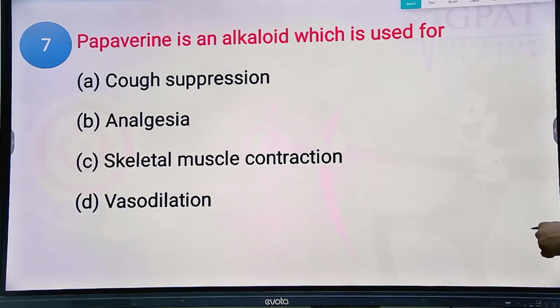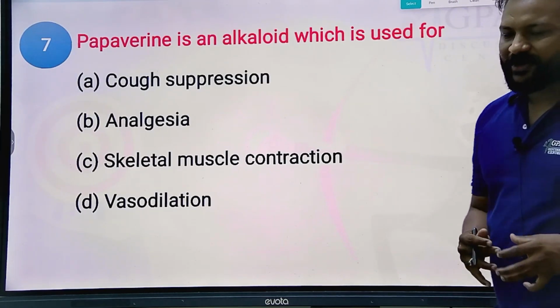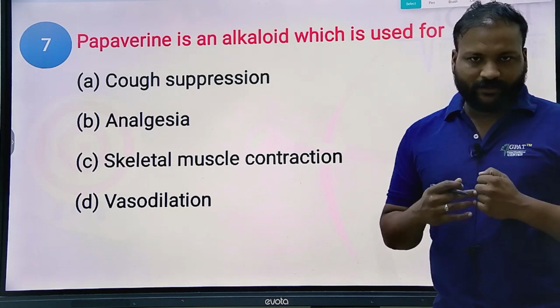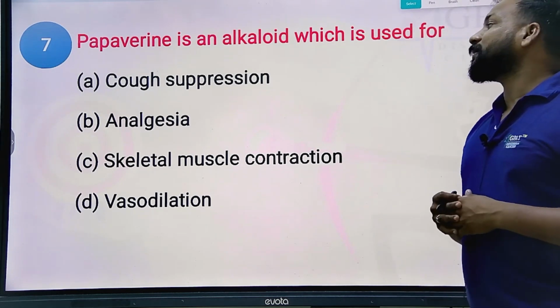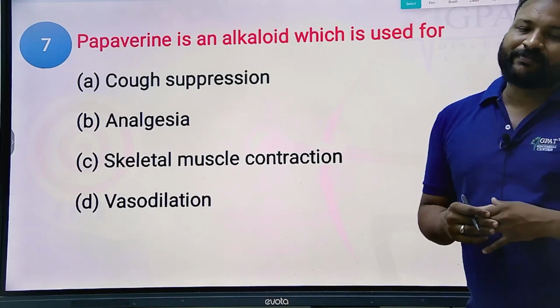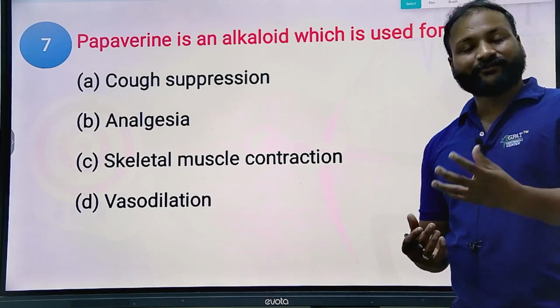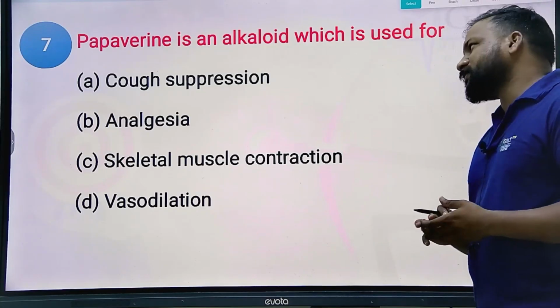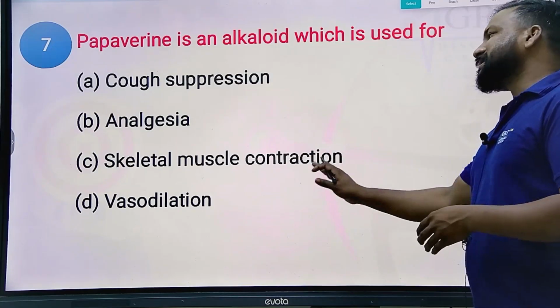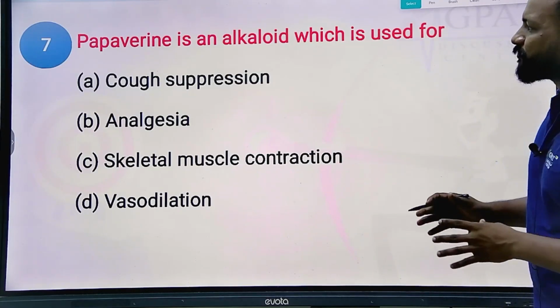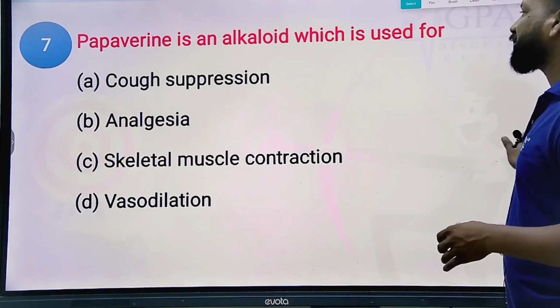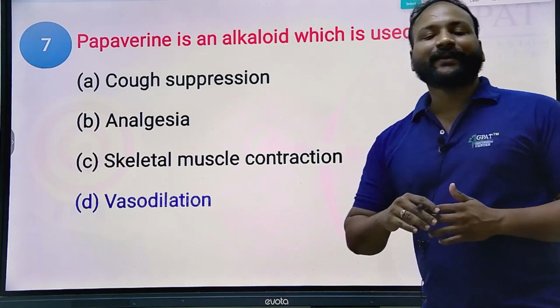Next, papaverine is an alkaloid used for what? Papaverine is an opium alkaloid from Papaver somniferum. Is it used for cough suppression, analgesia, skeletal muscle contraction, or vasodilation? Papaverine is used as a vasodilator.